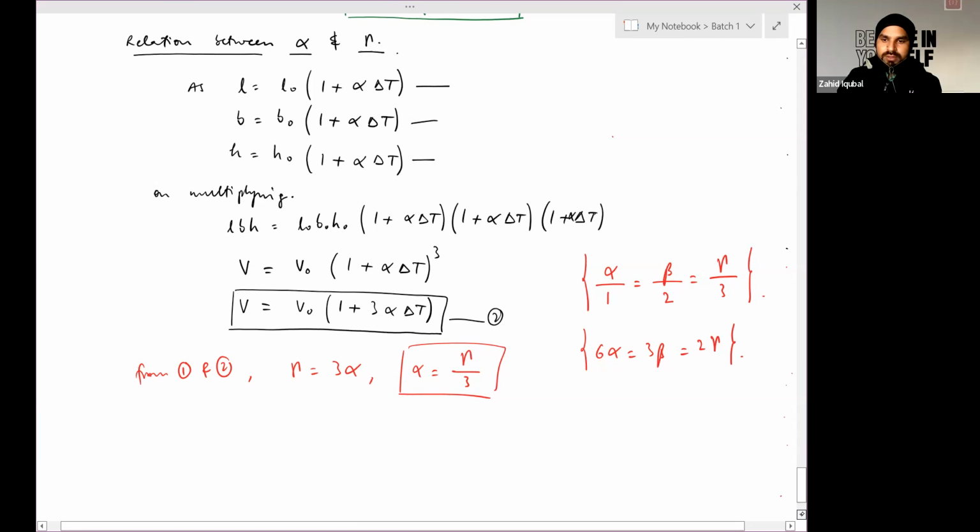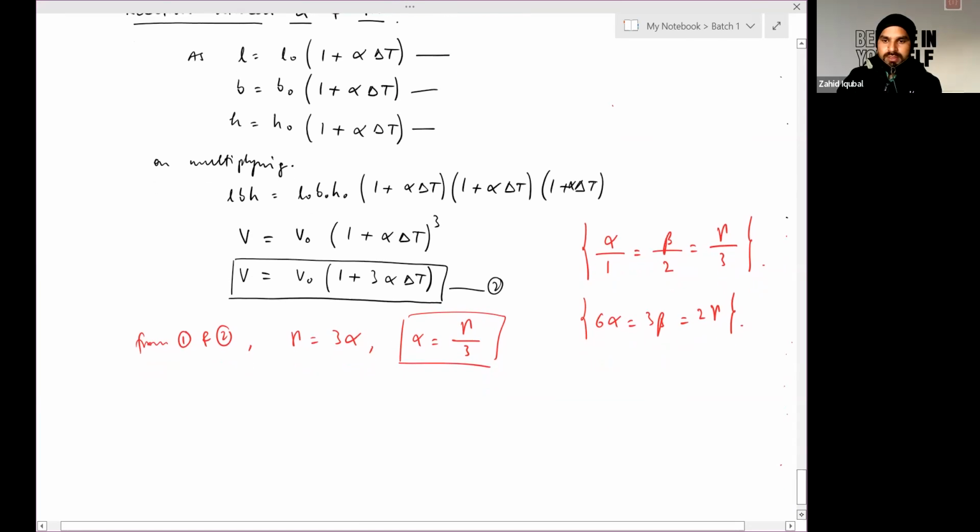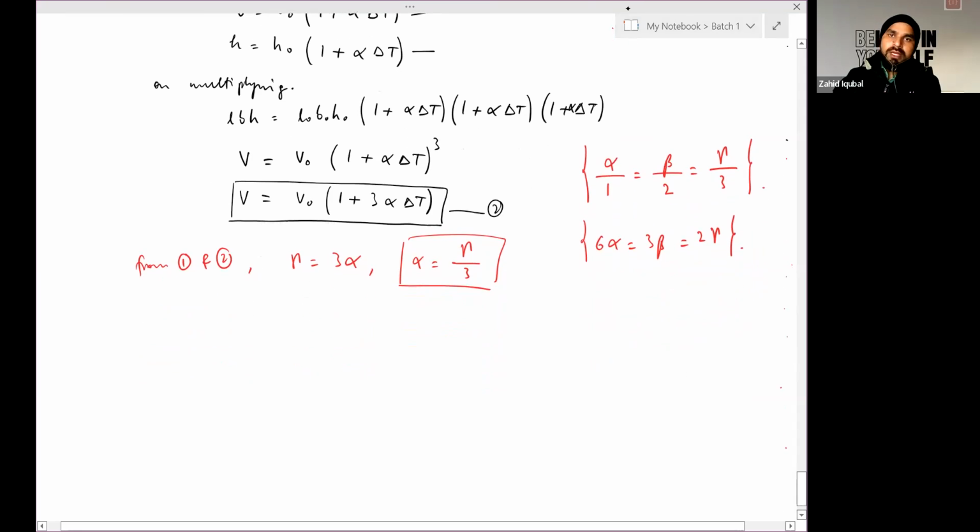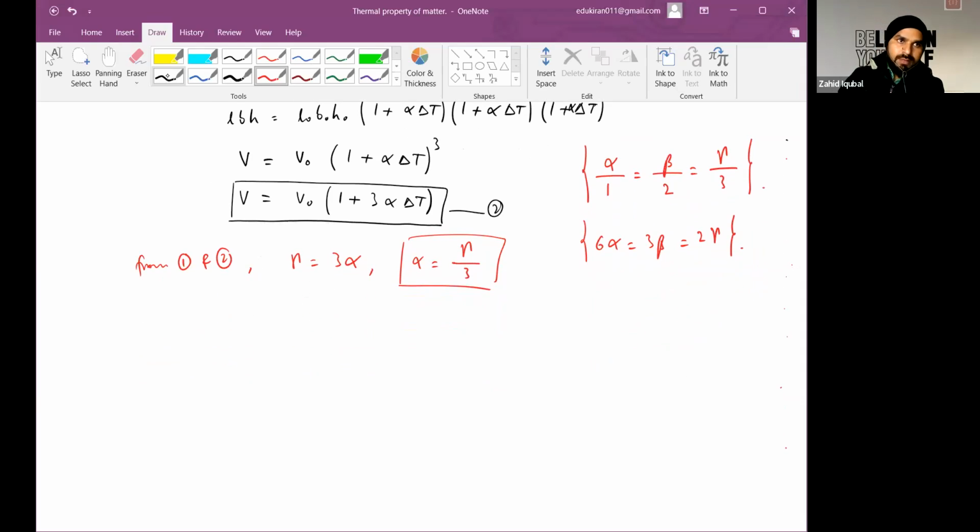So we have just defined all three different expansions. Now on the basis of this, you will be asked some questions. Let me give you.